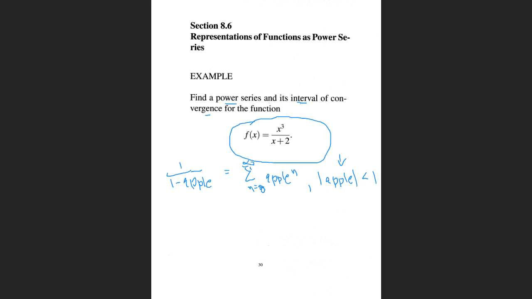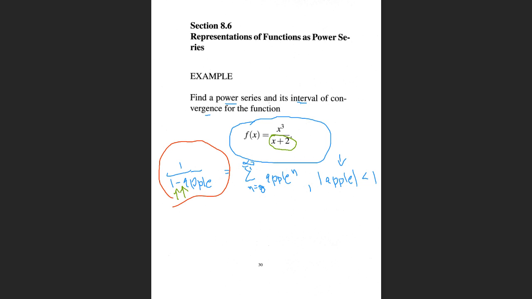So what do you think the apple is here? Well, I want to be a little bit careful here. The 1 over 1 minus an apple formula requires us to have a minus here, but also a 1 here. Those 2 conditions are not satisfied by the denominator x plus 2. With the x cubed, we can just factor that out.